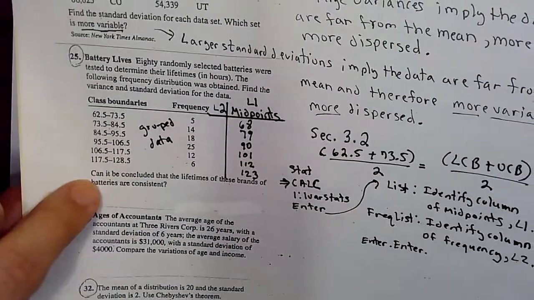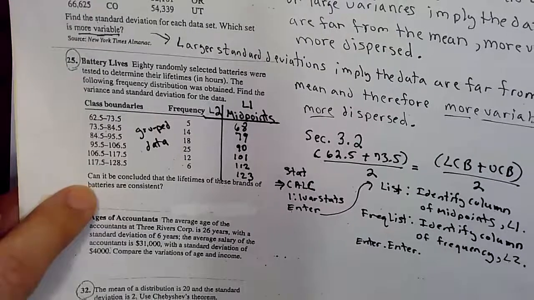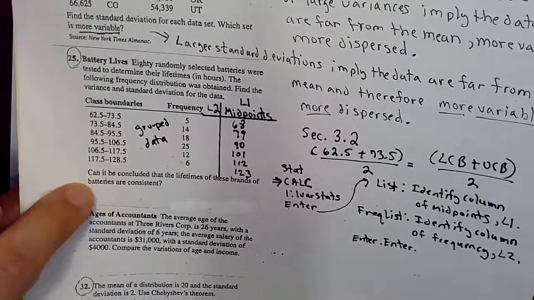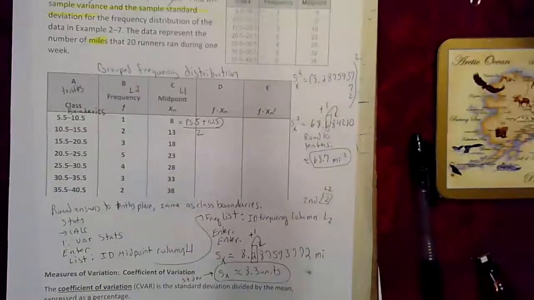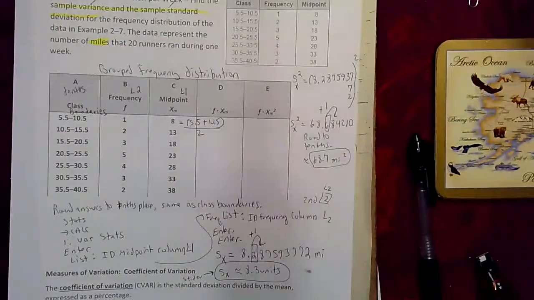Can it be concluded that the lifetime of these brands of batteries are not consistent? Okay, so remember we talked about consistency. With consistency, you want small values. The perfect example was the one related to nuts and bolts, and you need small values, because otherwise, if you have large values, that will throw off the consistency, like the bolts will come apart or come off the wheel, that type of thing.